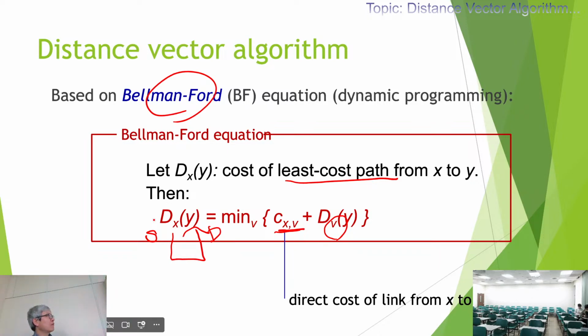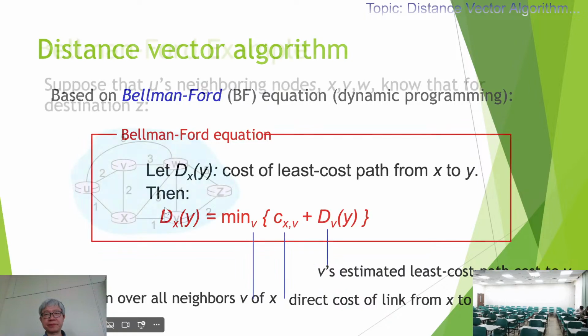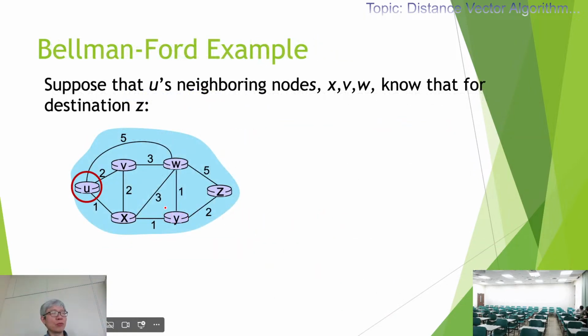Therefore, we know X to V, and then we want to know V to Y, which is already known by the node V. We want to have the least cost path update. Actually, we can pass on this one to have the possible update. So let us check how to have the update.